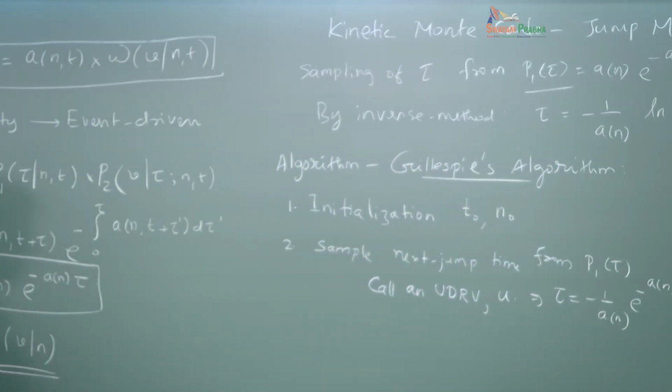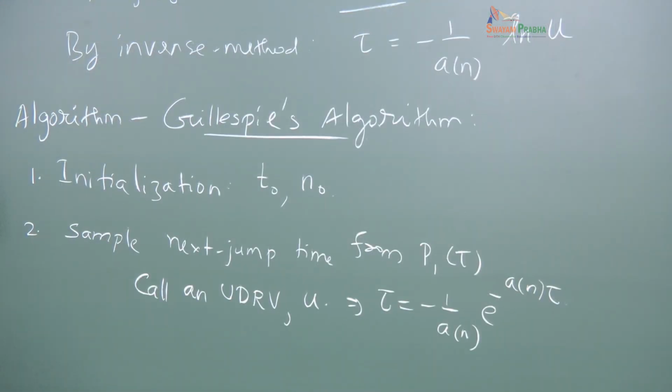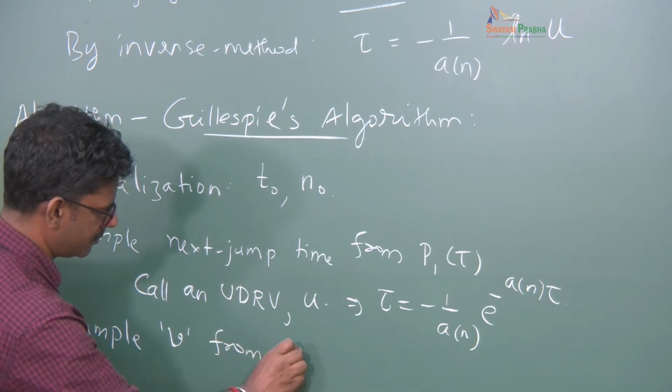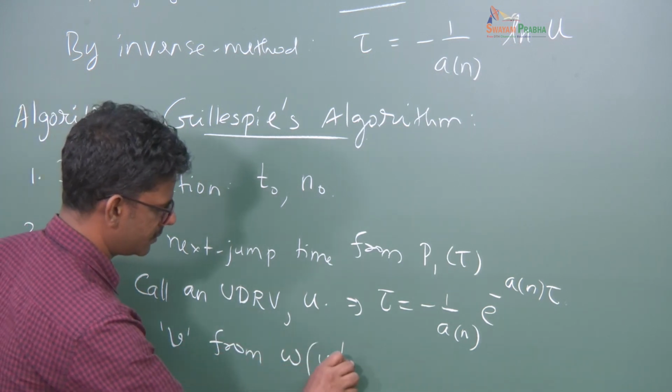You would sample this, and then you will sample nu from this omega function.